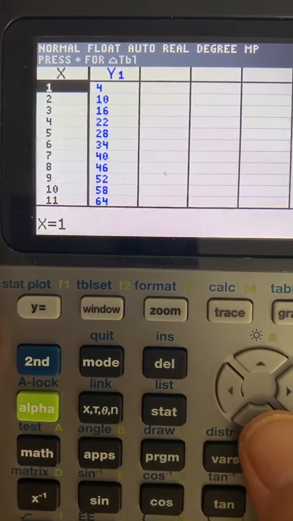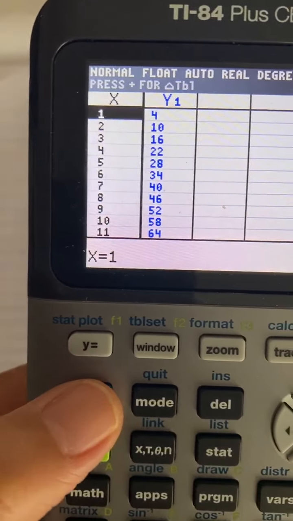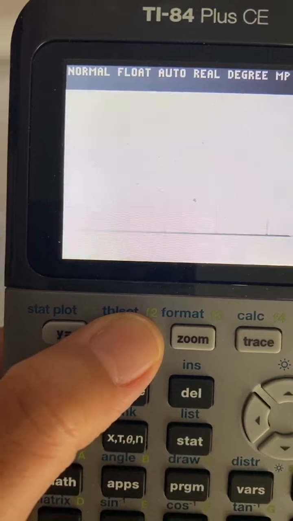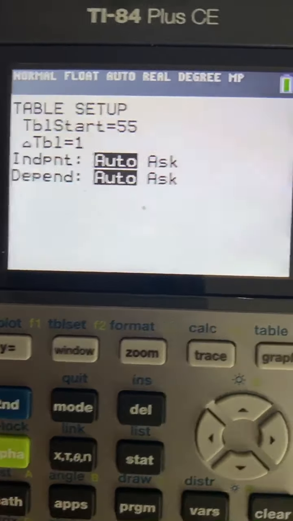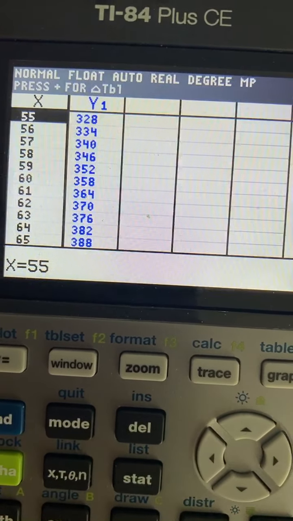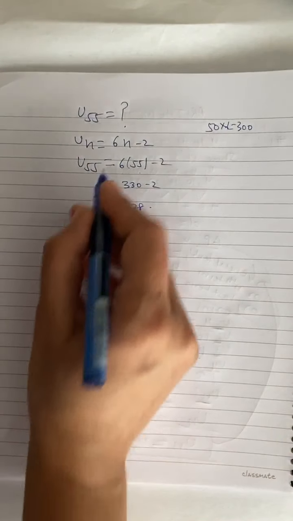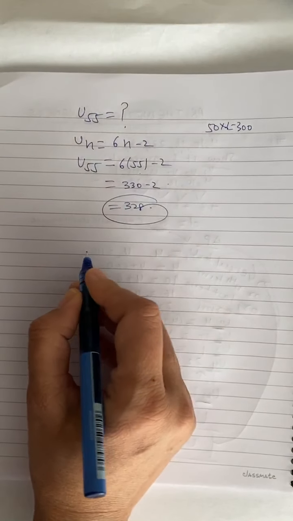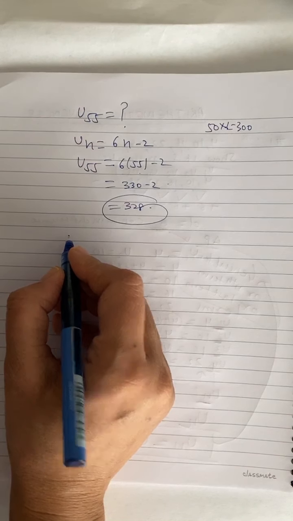I'm not going to scroll all the way down to 55. So I can go to second, table set again, and put there 55, and then go to second table, and I can see my 55th term is 328, which we also found before.